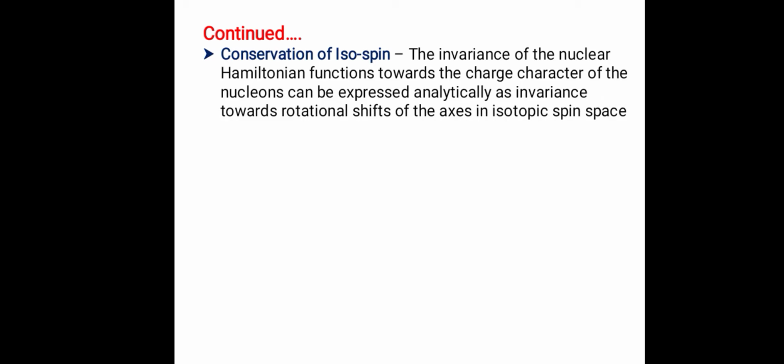Continue. Conservation of isospin. The invariance of the nuclear Hamiltonian function towards the charge character of the nucleons can be expressed analytically as invariance towards rotational shifts of the axis in isotopic spin space.